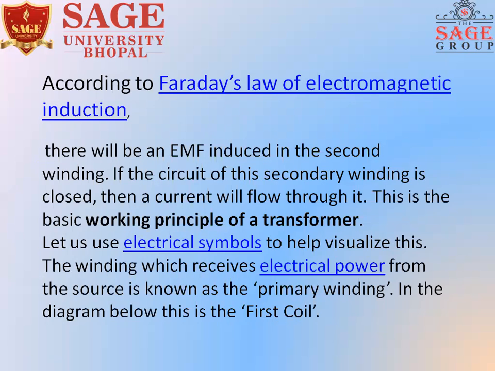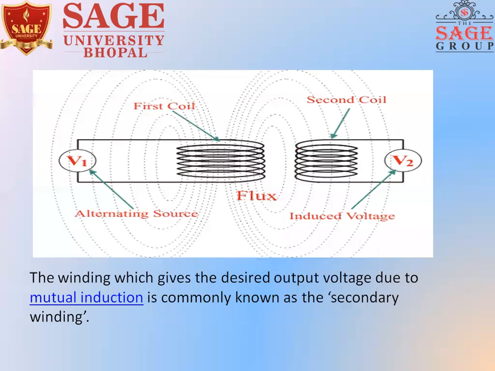Let's see it in the diagram also. This is the alternating source of the primary winding, and this is the induced voltage of the secondary coil. You can see the flux will flow in the primary winding, and in the same way flux will flow in the secondary winding.